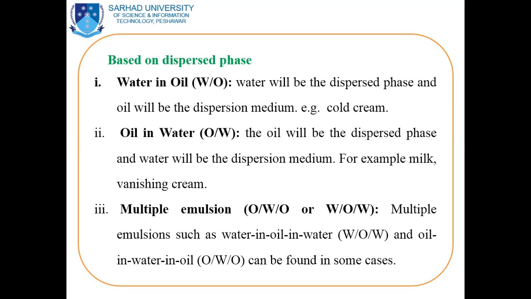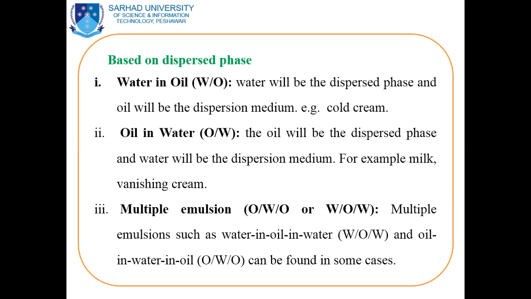The second class of this basis is oil and water type of emulsion. In this case, oil is internal phase and water is the external phase. Oil droplets or globules are distributed in the water, the dispersion medium.